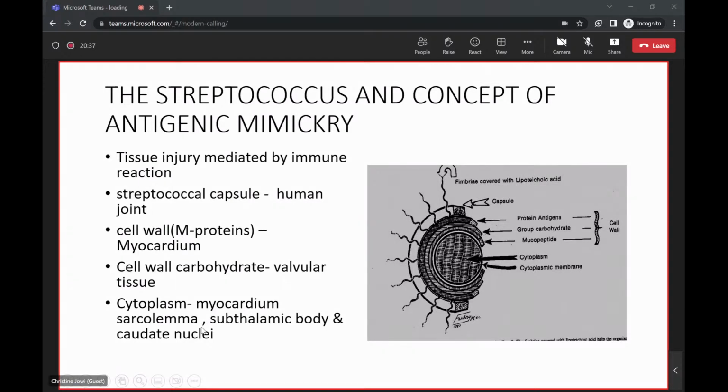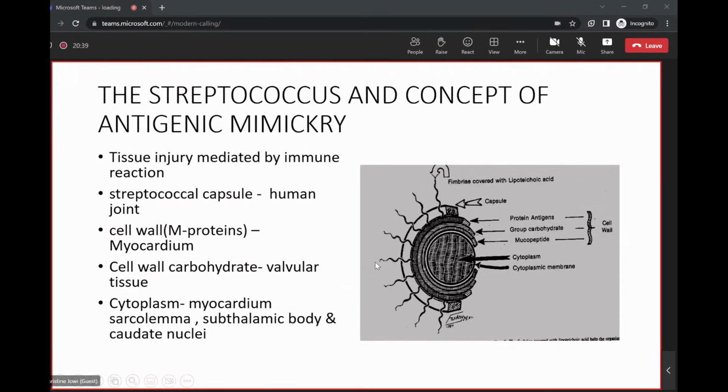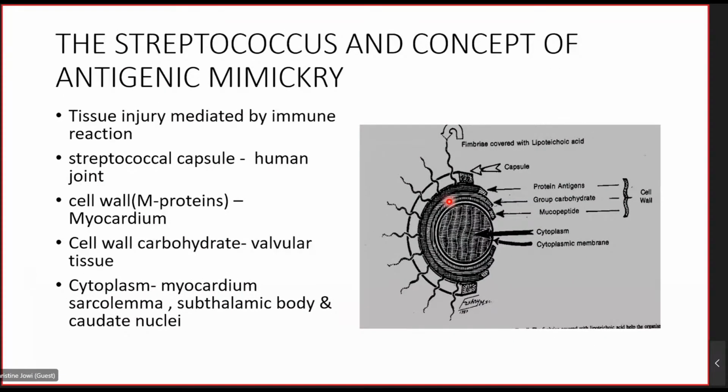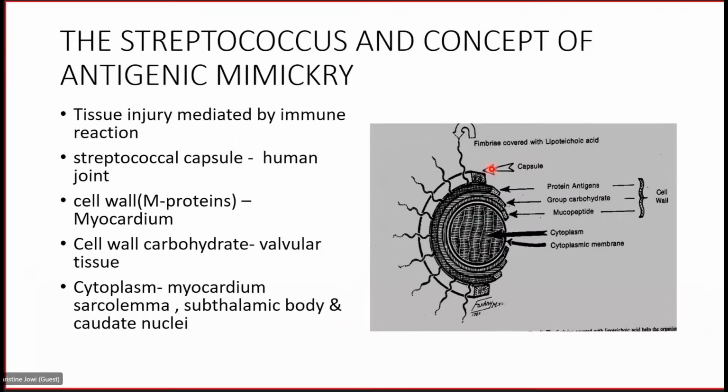One resembles the human joint, and then the M proteins, the mucopeptide proteins of the cell wall, resemble the myocardium, and the valvular tissues have an antigenic moment.